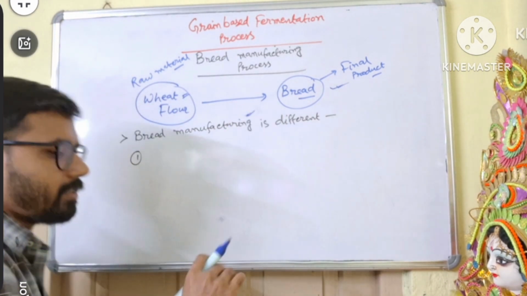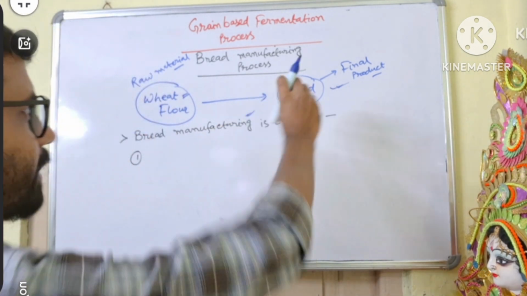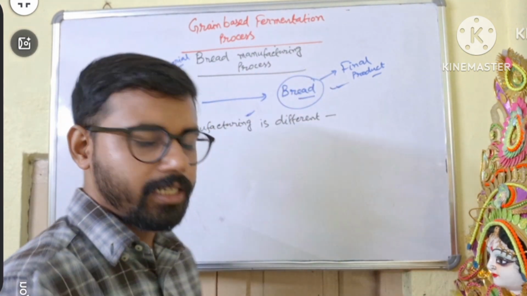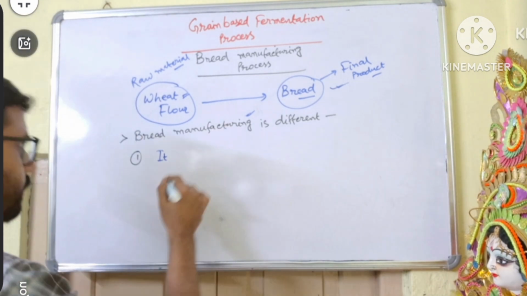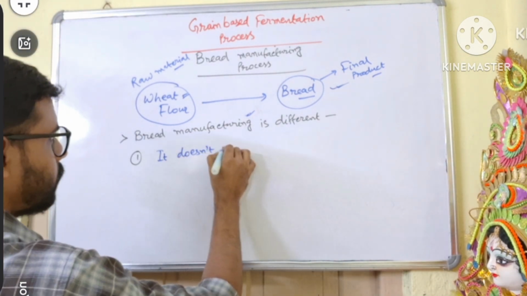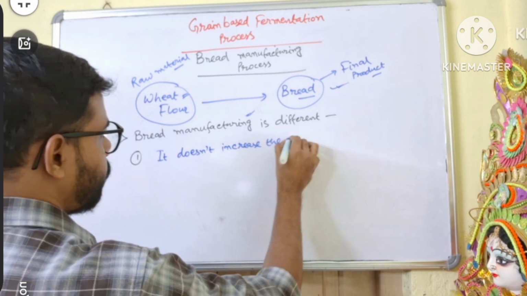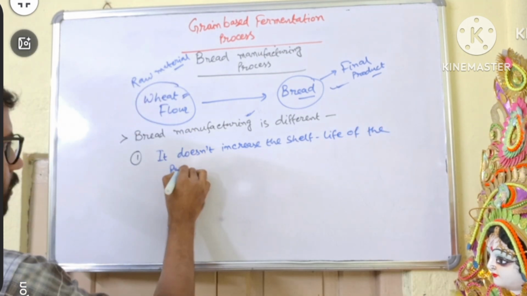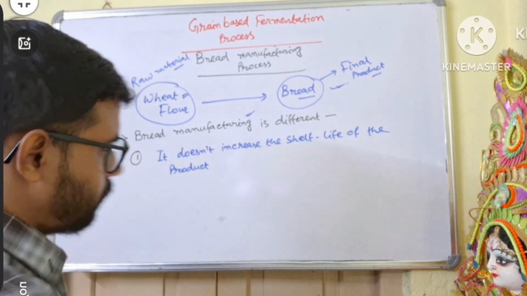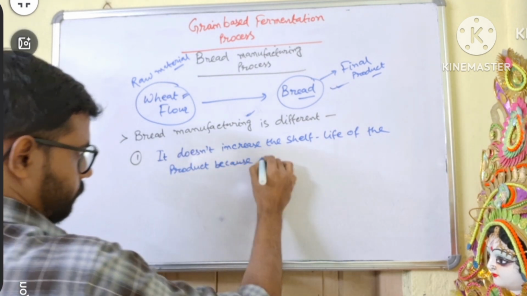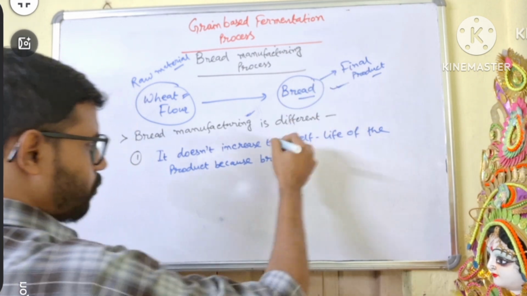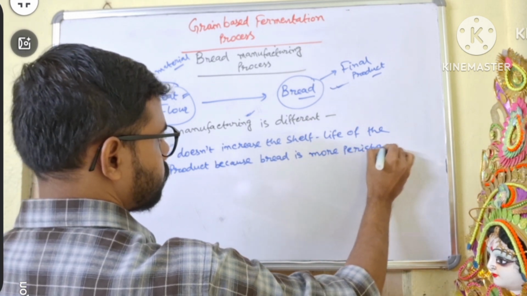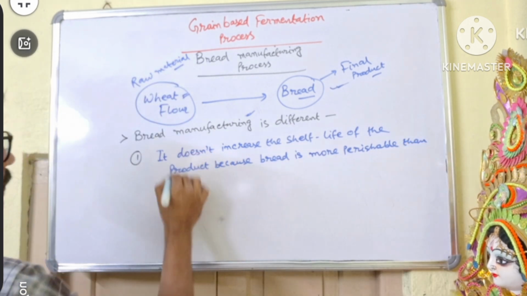So bread manufacturing is different from other manufacturing processes because it does not increase the shelf life of the product, like other manufacturing processes do, because here the final outcome, the fermented product bread, is more perishable than the raw material.